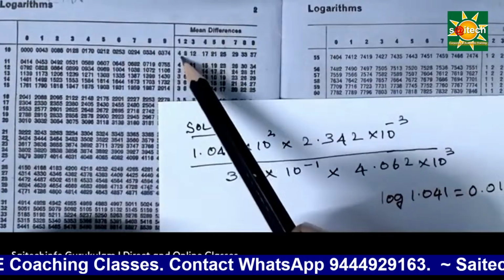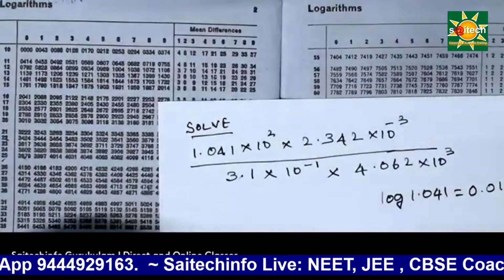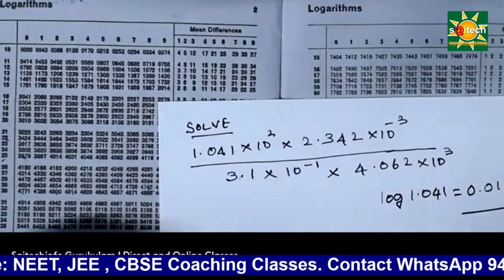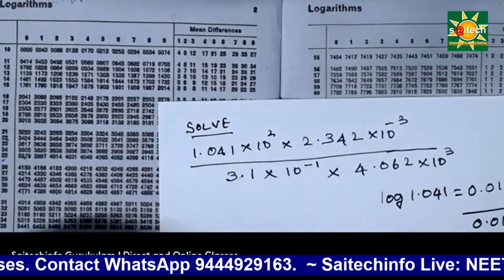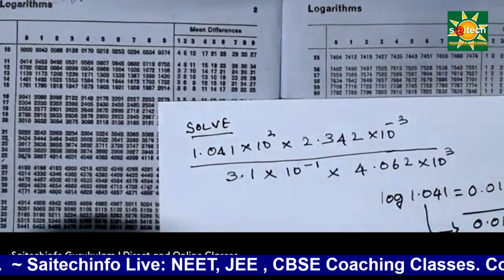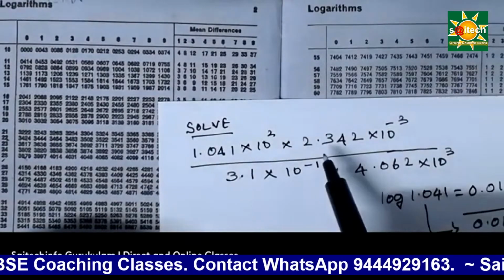The mean difference should be added here, 4. That should be added in the last digit. So you can write down like this, 4. So this is 0.01704. This is the value of log 1.041. Do you understand?